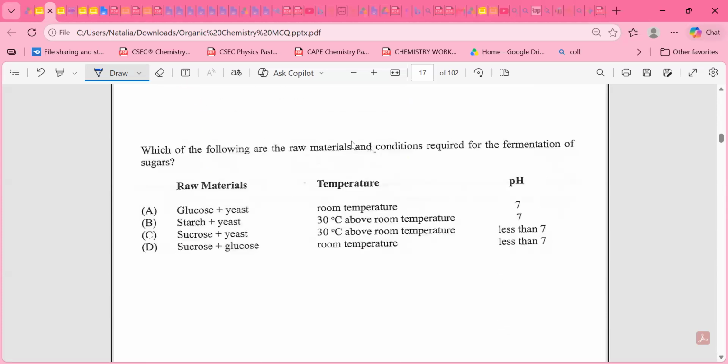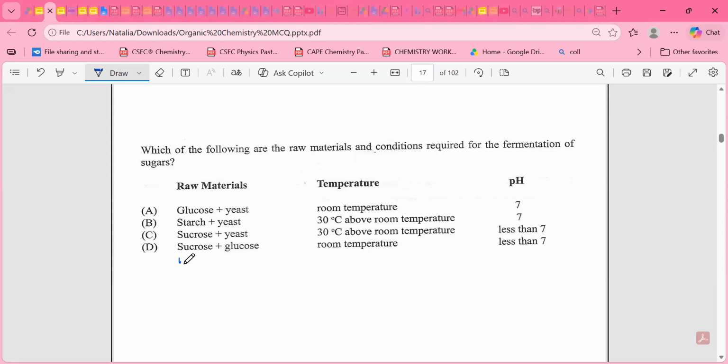The following are raw materials and conditions necessary for fermentation. So raw material, all right, so there's something wrong with all of these. So the raw materials are starch or glucose.